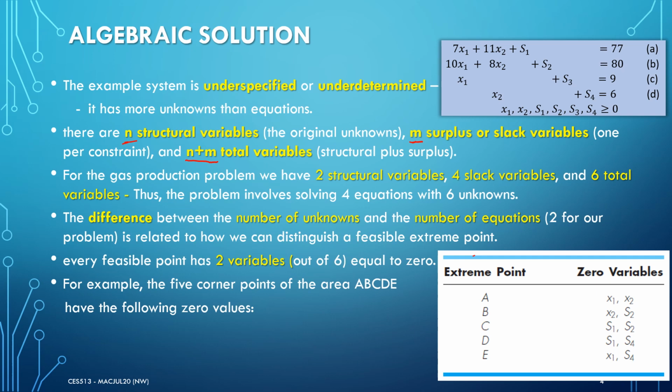For our gas production problem, we have two structural variables, x1 and x2, and 4 slack variables, S1 to S4, making a total of 6 variables.